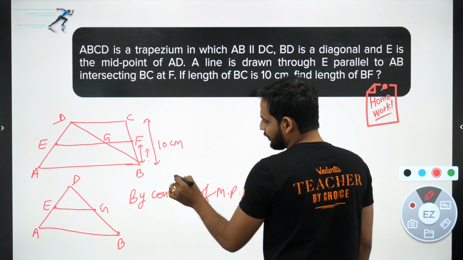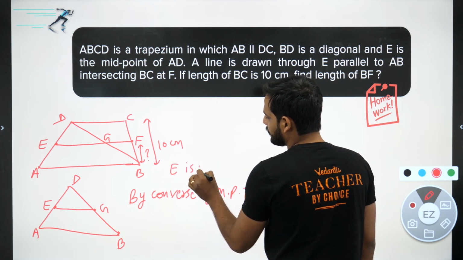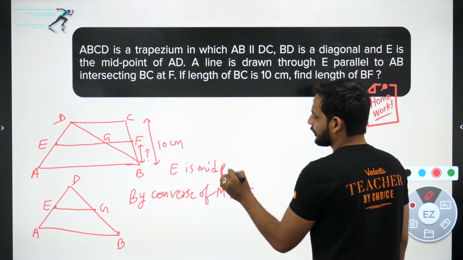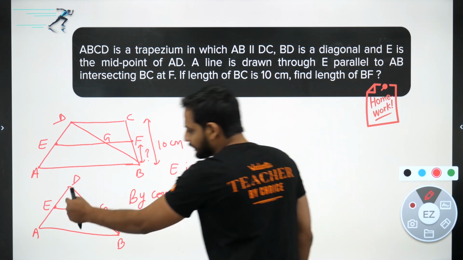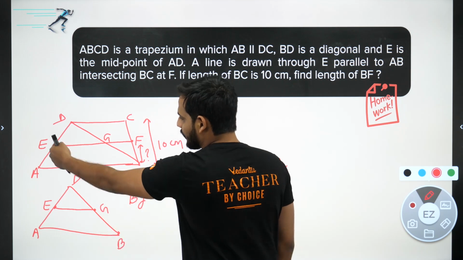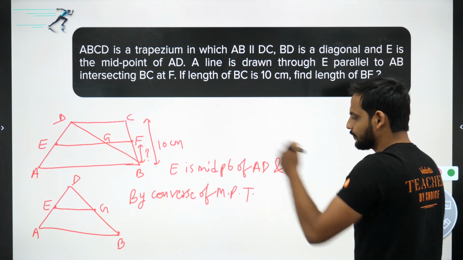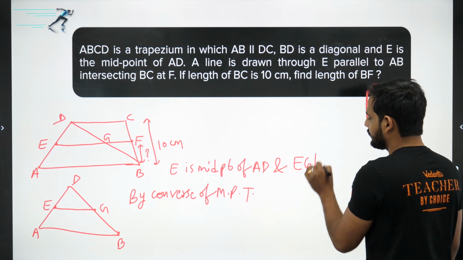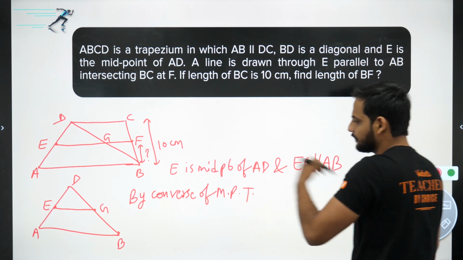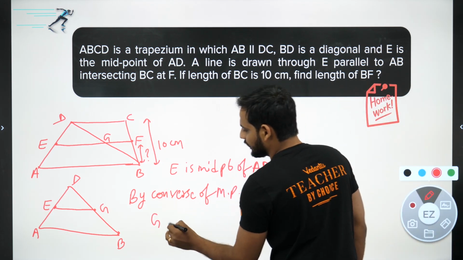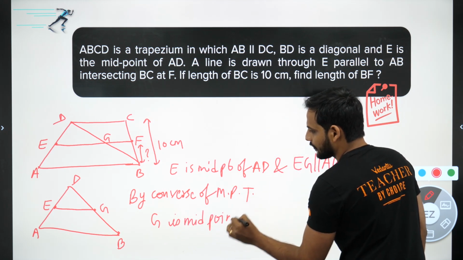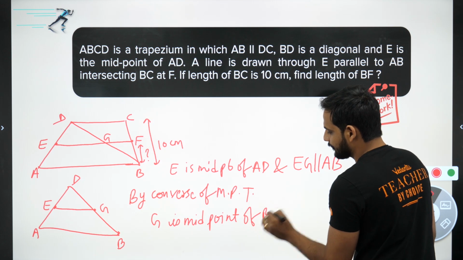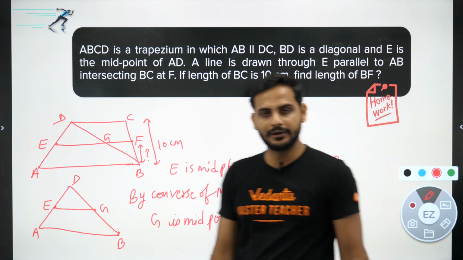Why can I use it? Because E is the midpoint of AD and EG is parallel to AB. So by the converse of MPT, G is the midpoint of BD.